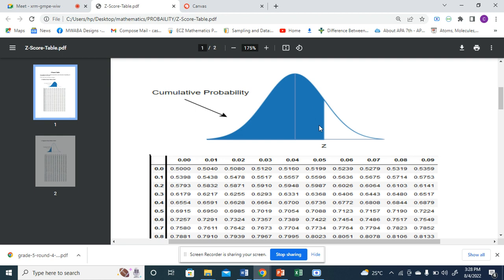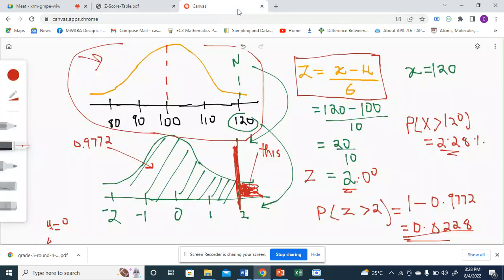After we determine that, we'll find the probability that the IQ is greater than 120, which is also this 2 here. This 2 represents the same 120. So in the z-score, we're talking about the probability it's greater than 2.